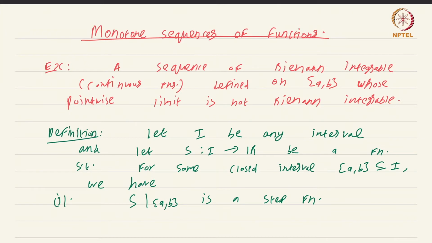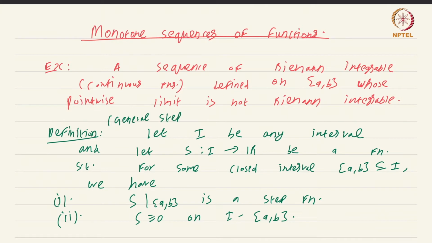In other words, we can find a partition of this closed interval [a, b] such that on the open intervals determined by the partition, the function s is constant. Number two, s is identically 0 on I minus [a, b]. So outside this closed interval [a, b], the step function is actually just 0. This is called a general step function.